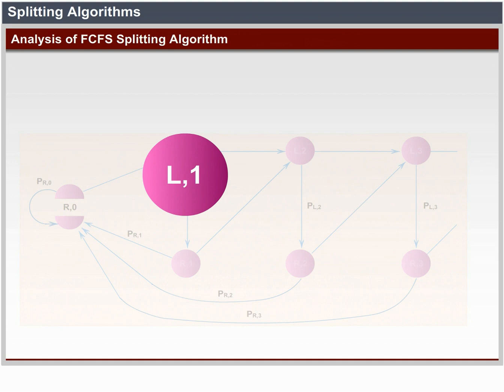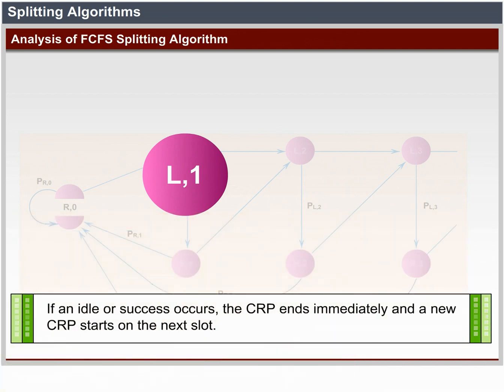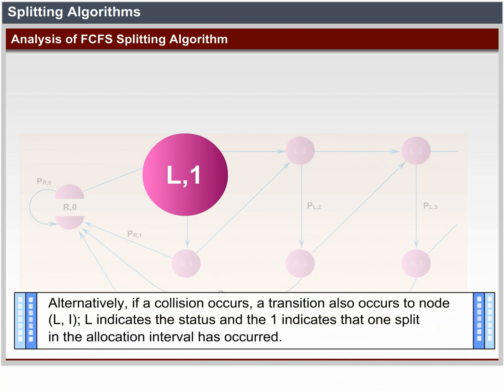If an idle or success occurs, the CRP ends immediately and a new CRP starts on the next slot. Alternatively, if a collision occurs, a transition occurs to node L, 1, where L indicates the status and 1 indicates that one split in the allocation interval has occurred.